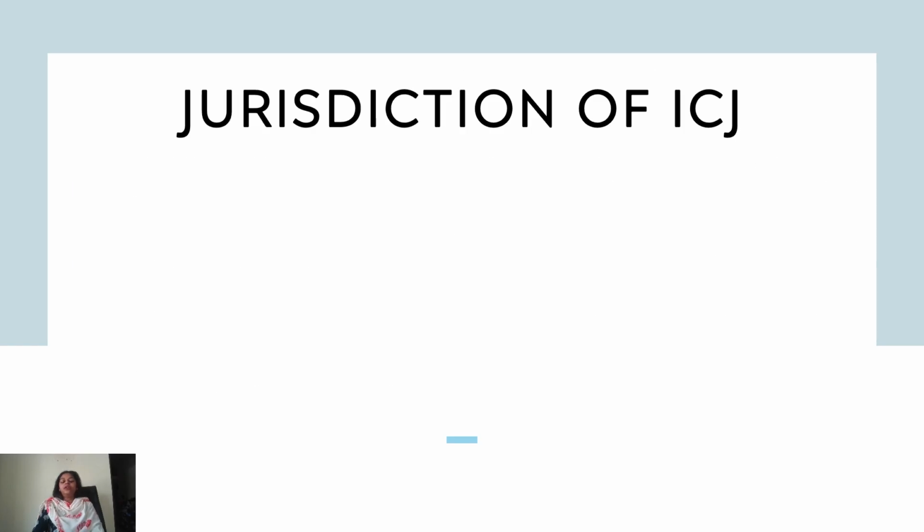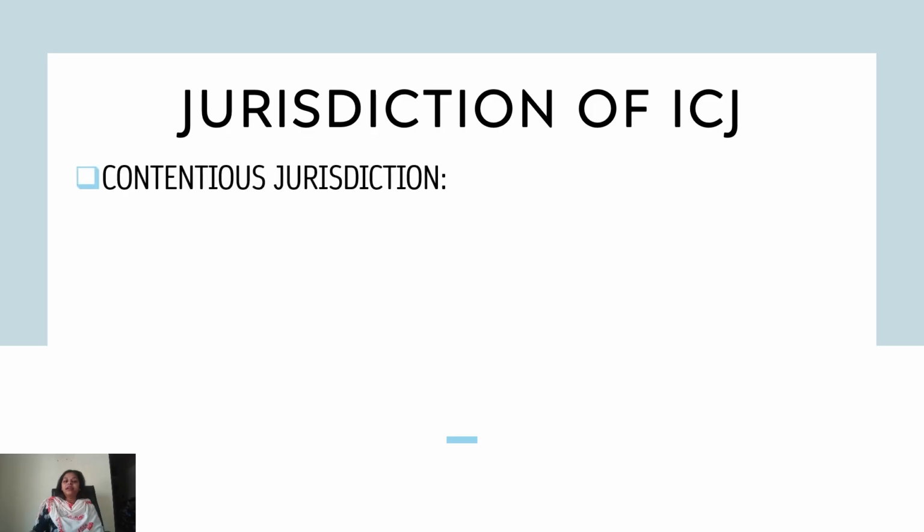Now, after looking at the membership of the International Court of Justice, let us move to the jurisdiction of the International Court of Justice. The jurisdiction of ICJ draws from the twofold function that it performs, which I discussed a while ago. And it is the contentious jurisdiction and the advisory jurisdiction.